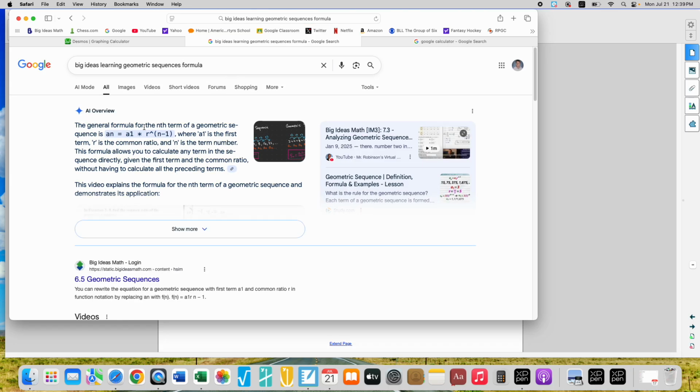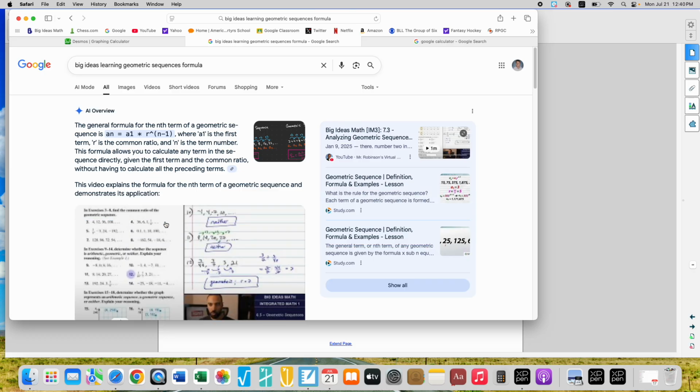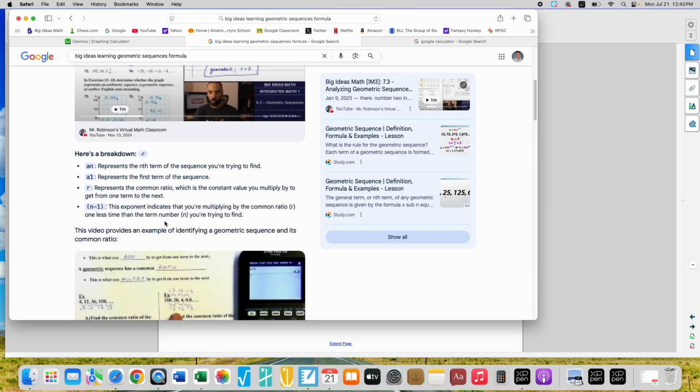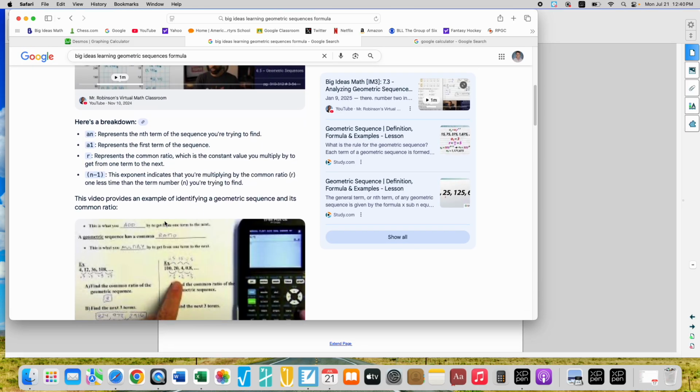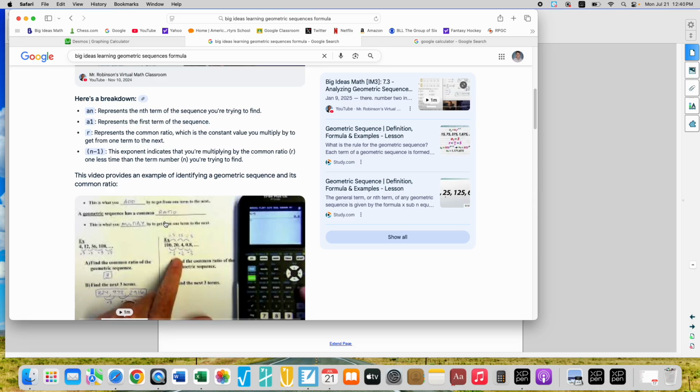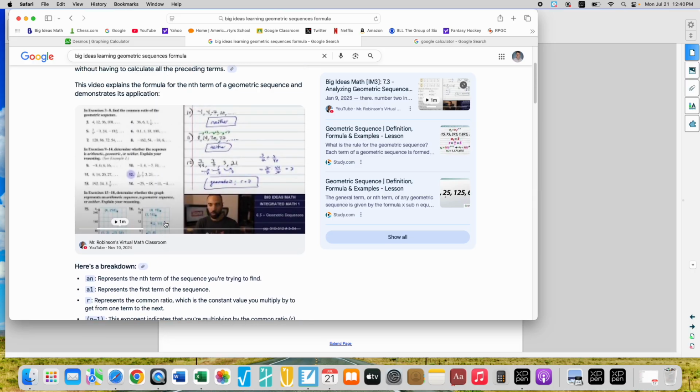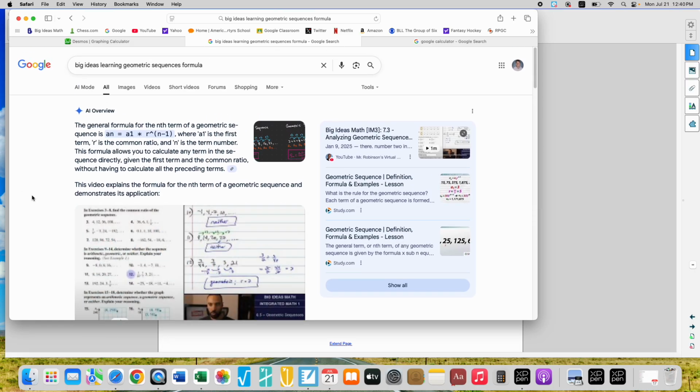So the geometric formula looks like this. Constant, common ratio. Let's take this.